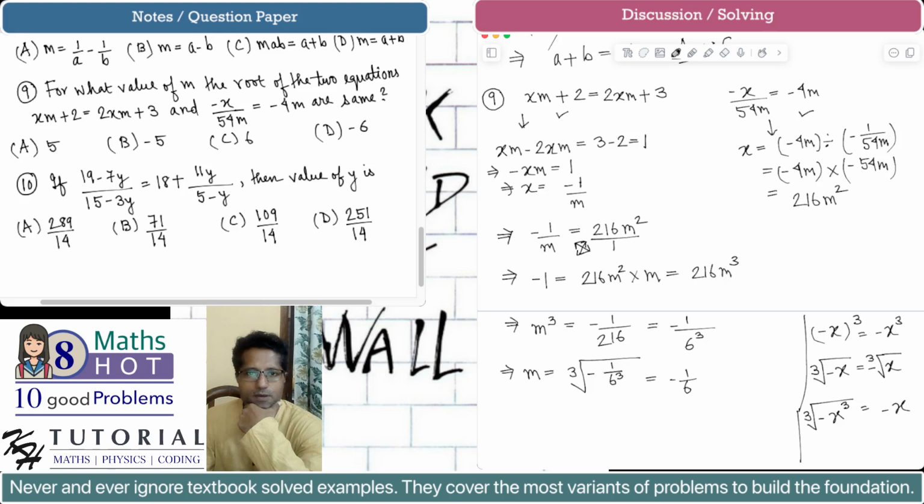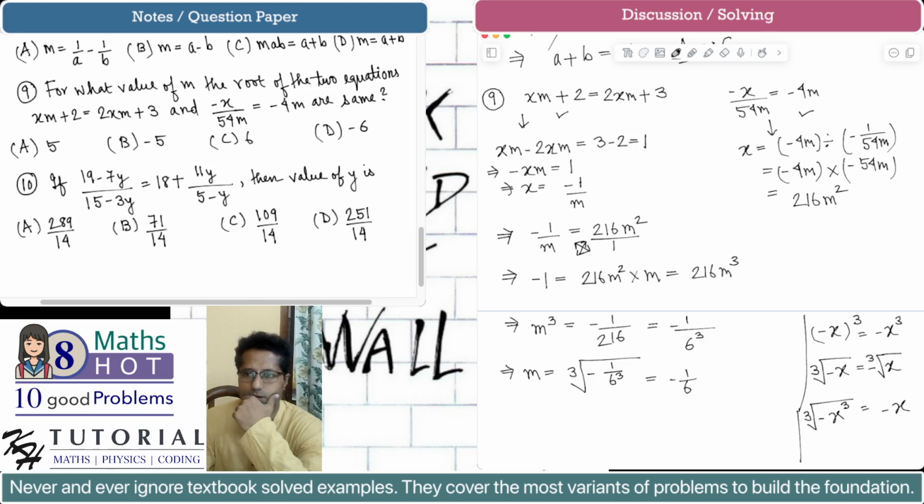Let me check once again. The second equation, that is minus x by 54m is equal to minus 4m. The solution we are getting is x is equal to minus 4m divided by minus 1 by 54m. Yeah, that is fine.